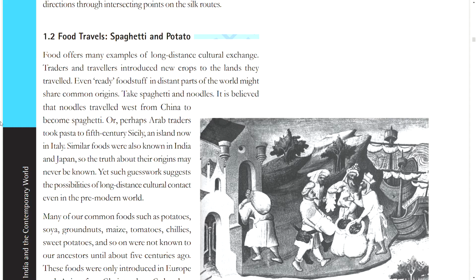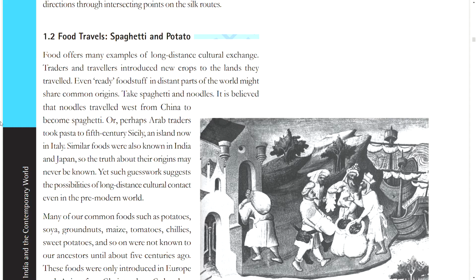Take spaghetti and noodles. It is believed that noodles traveled west from China to become spaghetti, or perhaps Arab traders took pasta to 5th century Sicily, now in Italy. Similar foods were also known in India and Japan, so the truth about their origin may never be known.